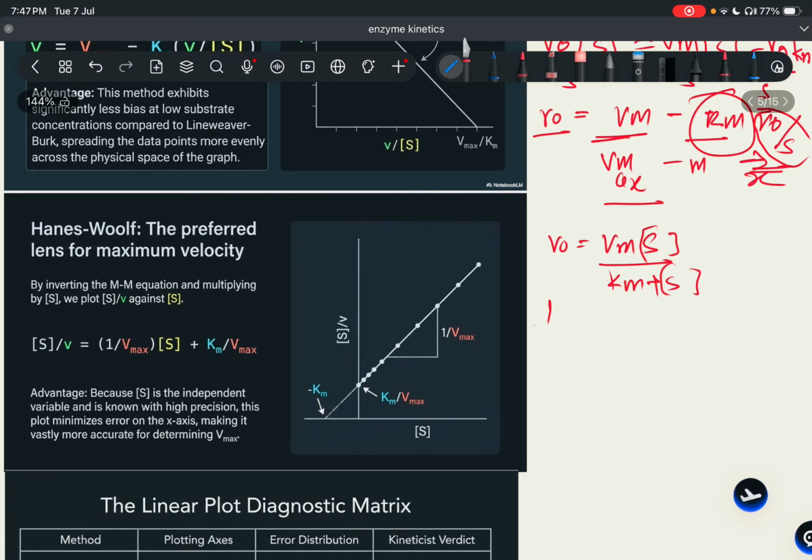Okay, so it's in the reciprocal form. I'll multiply with the substrate also. Not an issue here.